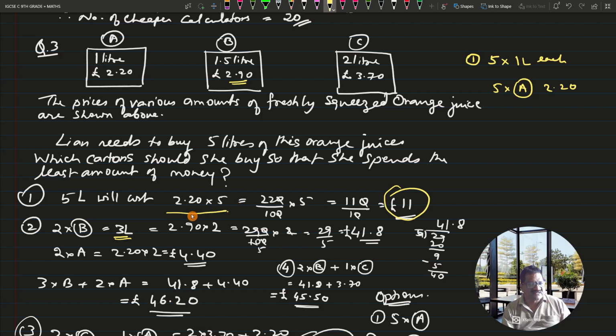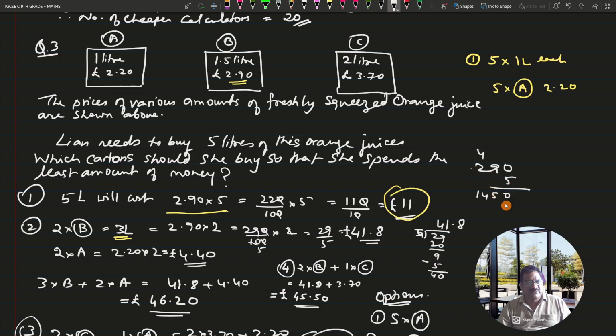Okay, there's a mistake over here. I've written 2.20 here, but it's 2.90, so let me make that correction. It's 2.90 into 5. Now 2.90 into 5 should work out to how much? Let us see, 290 into 5. 5 nines are 45, 5 carry 4 here, 5 twos are 10 plus 4, 14.